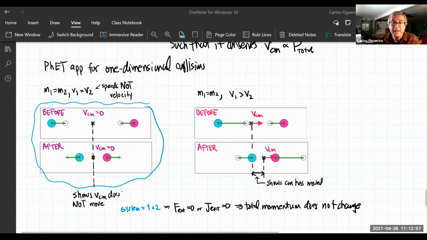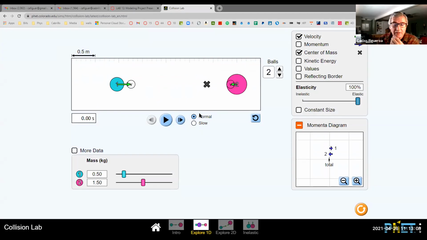I showed you with the applet. In this case, when I look at the center of mass, this guy has a bigger mass but a smaller speed. This guy has a smaller mass but a higher speed.